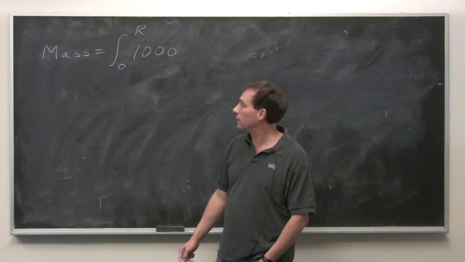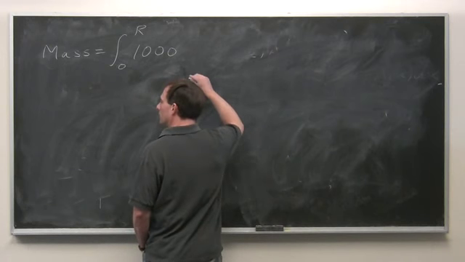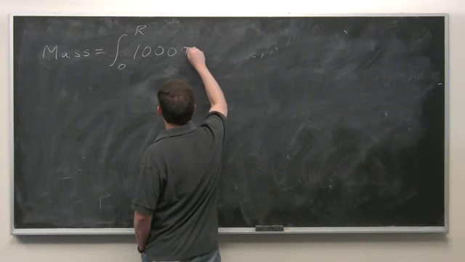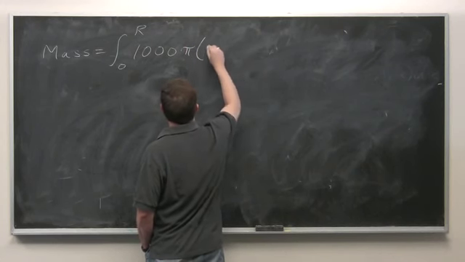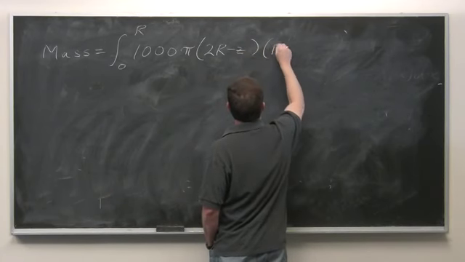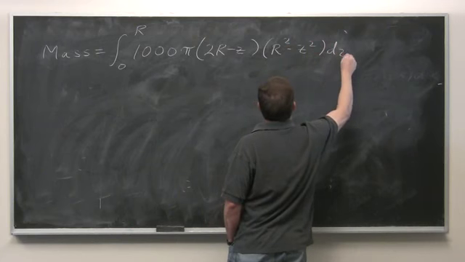So our mass will come out in kilograms. I'll just suppress the units until the end. Hopefully I won't forget to put them in then. We get 1,000 pi times (2R minus z) times (R squared minus z squared) dz.